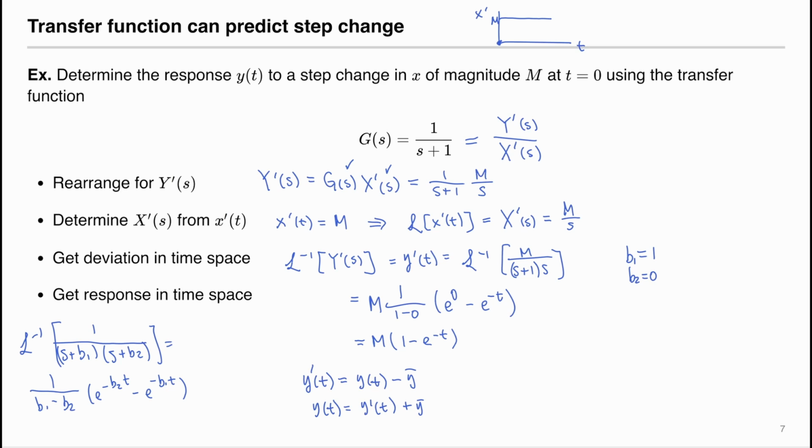Although we're not given one, we can just write the value out. It's M times 1 minus e to the negative t plus the original nominal state. This is our final answer for the response.